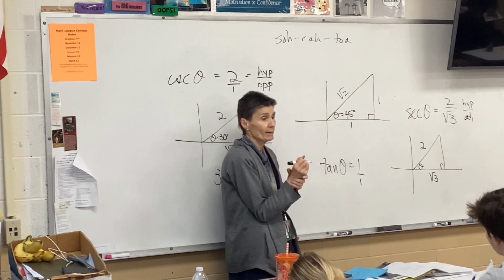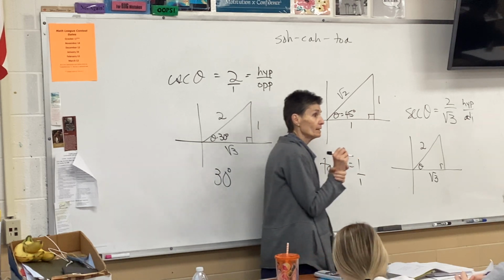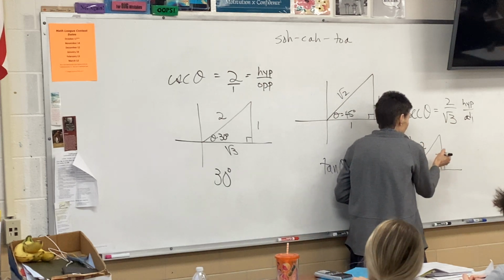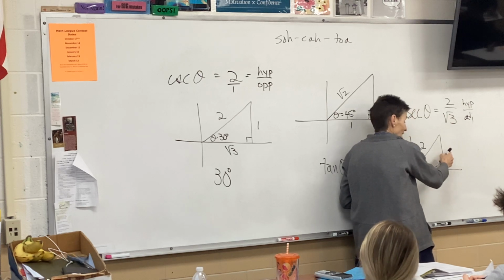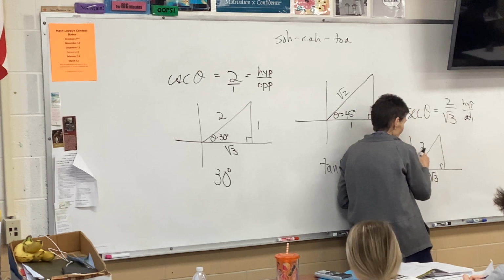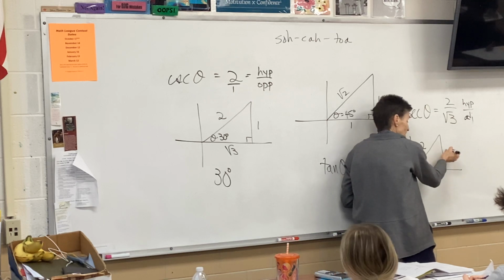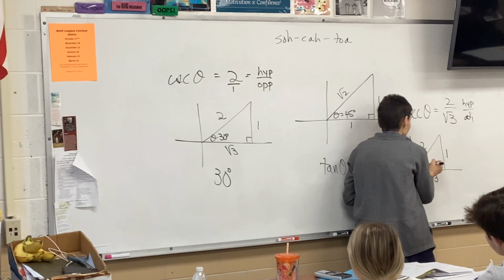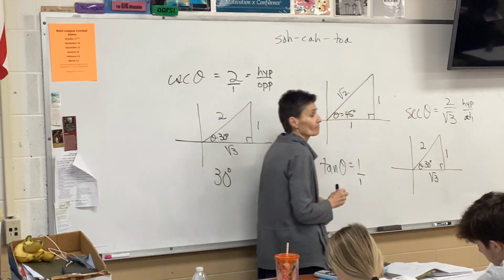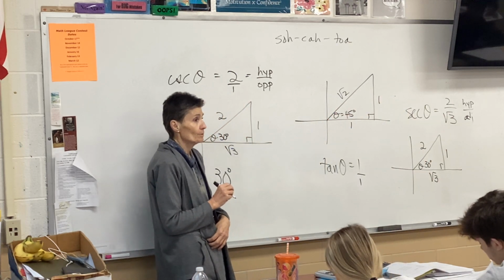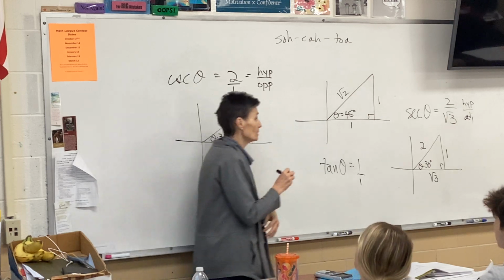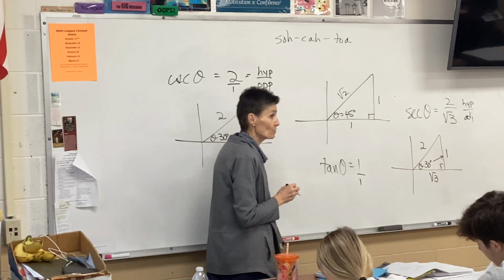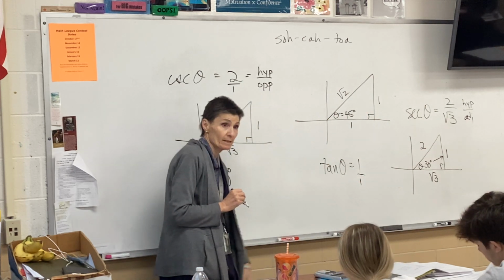What kind of triangle do I have? 30, 60, 90. Now be careful. This angle is across from the blank side. Well, how big would the blank side be? If that's 2 and that's root 3, this has to be 1. What angle is across from the 1? 30 degrees. You have to pay attention to what is across from your angle. That's how you determine whether it's the 30 or the 60.